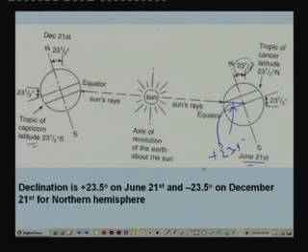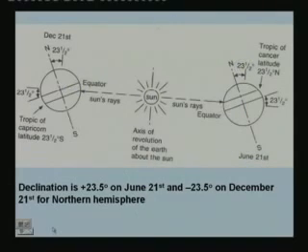On winter, this is your equatorial plane and this is your angle of declination, the line joining point O and this point and its projection on the equator. So this angle is minus 23.5 on December 21st. So it varies from plus 23.5 to minus 23.5 through 0 degrees, and it is 0 degrees at the two equinoxes.